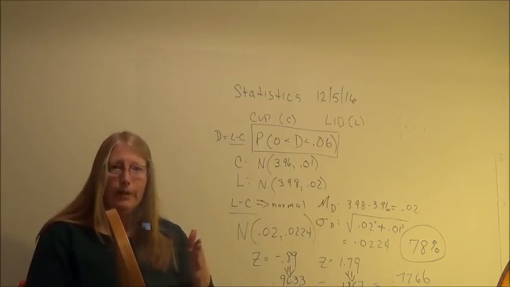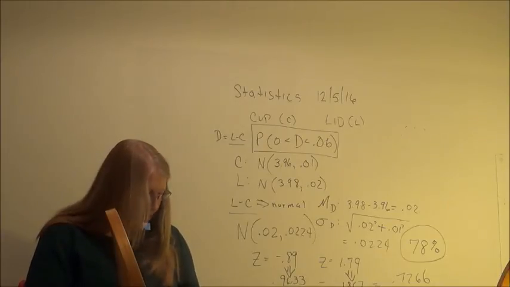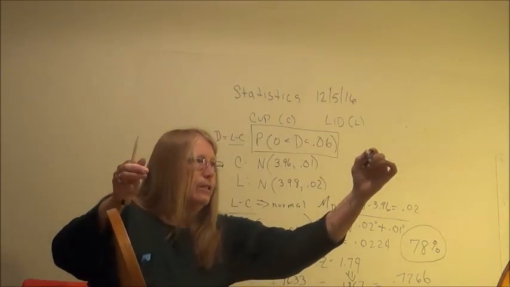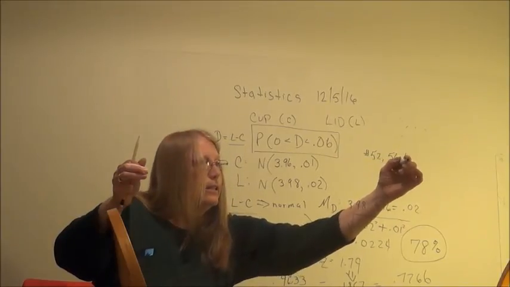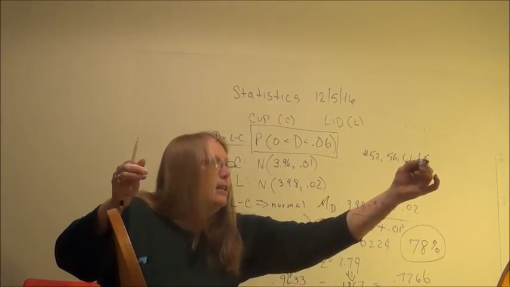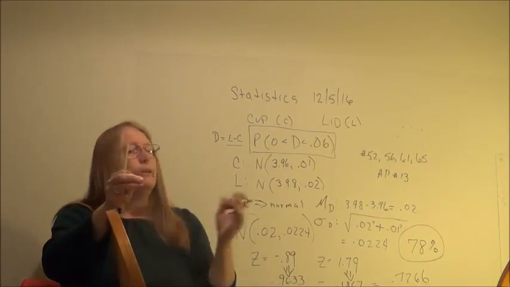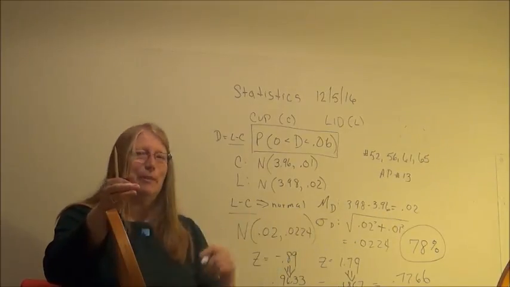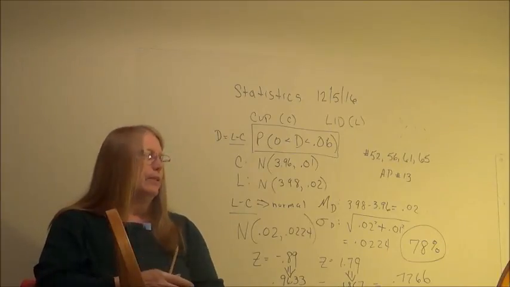So from wherever we stopped our reading, read to the end of section 6.2. And the assignment numbers that you're going to do, I do have those, are number 52, 56, 61, 65, and AP 13. Alright, hopefully we'll finish the AP from the last chapter before we take the test on this chapter. We still have a ways to go. We have another whole section to go.